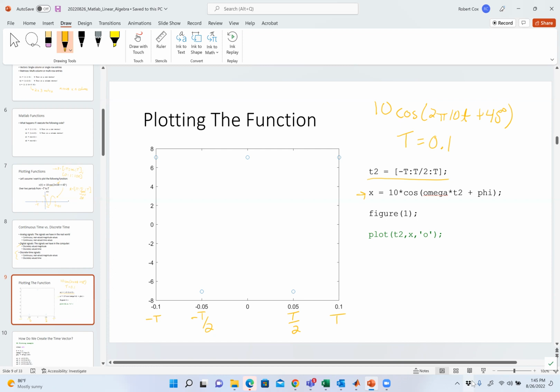There's a value here, you can see that circle, here, here, here, and here.